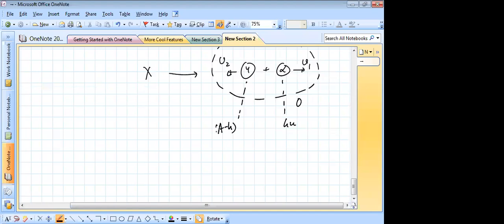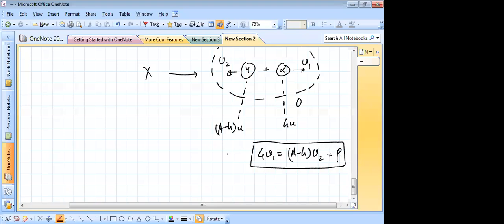Capital A minus 4 times atomic mass unit. Okay. So 4 times v1 must be equal to A minus 4 times v2 is equal to some linear momentum P, let's say. This is conservation of linear momentum, this equation.